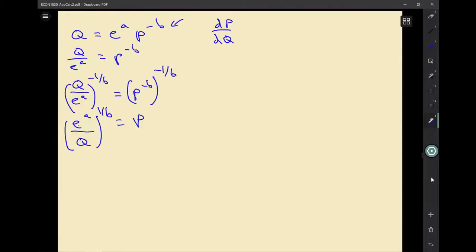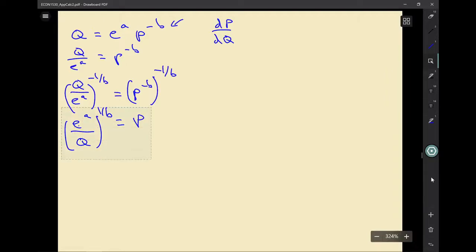So since the next part of the question wants me to find the derivative of the price function with respect to q, I've set this up in a way that's kind of awkward to take the derivative. I could do it, but I'm going to have to use the chain rule and the quotient rule. So why don't I back up a little bit?